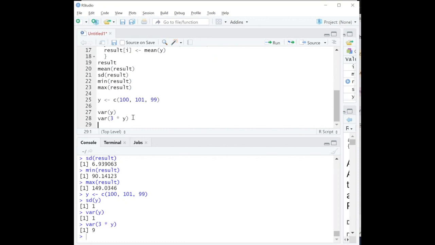So this is an example of the law of propagation of errors. So I can take a population and manipulate it and be able to calculate the resulting mean and standard deviation. It doesn't matter for us at this moment.